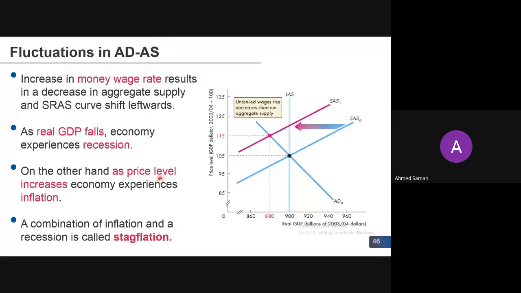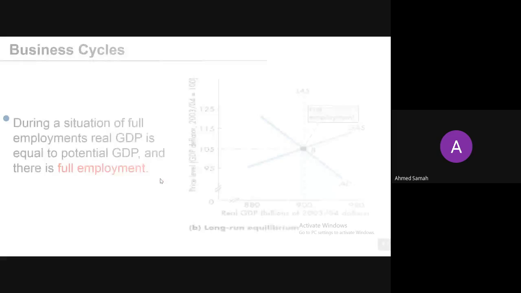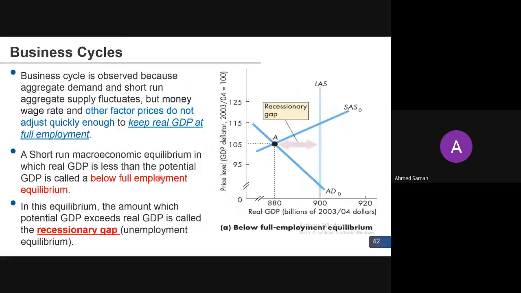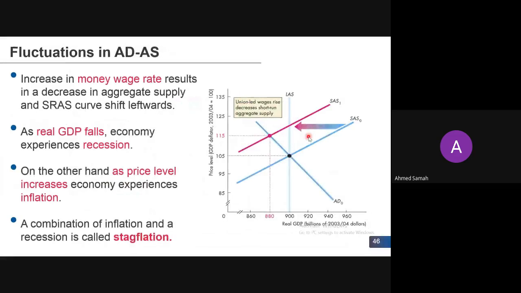It does not happen all the time. Sometimes, if we go back to this particular one, we can see that the price level is quite at the same point. But in this one we are seeing that when the GDP falls, the inflation is also rising.